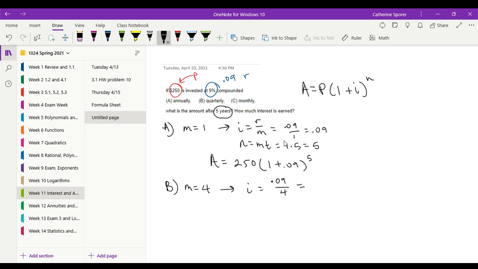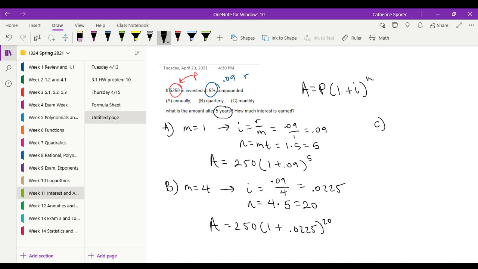So 0.09 over 4 is 0.0225. And then for N, we're still doing M times T, but now M is 4. So 4 times 5 to get 20. So for this one, the A would be 250 times (1 plus 0.0225) to the 20.